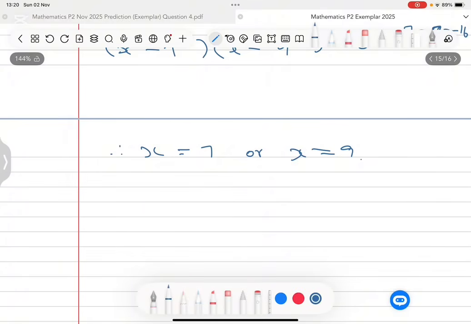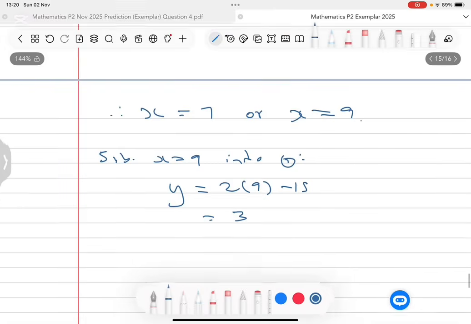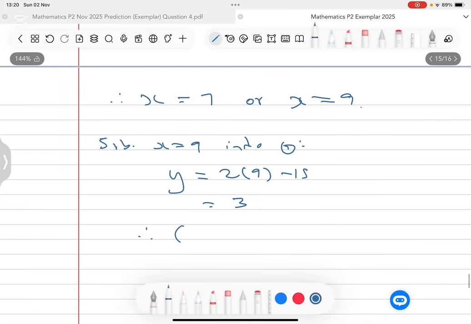But you can try it for practice purposes and see if you really get the same number. So I'm going to say, substitute x equals 9 into equation 1. So now I have y equals 2 times 9 minus 15. That should be 3. And therefore, my coordinates of T are 9 and 3.